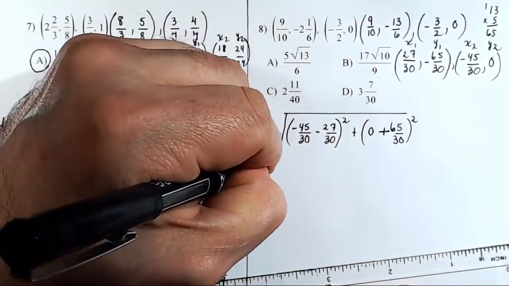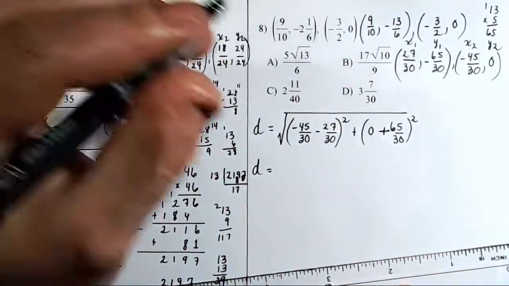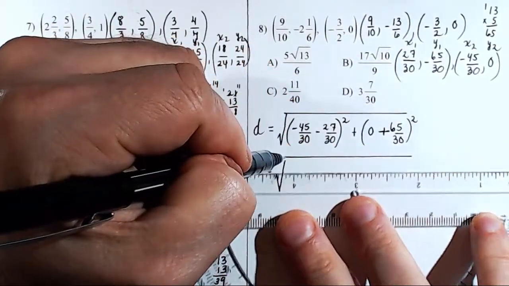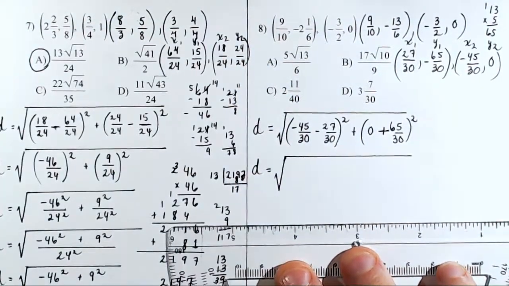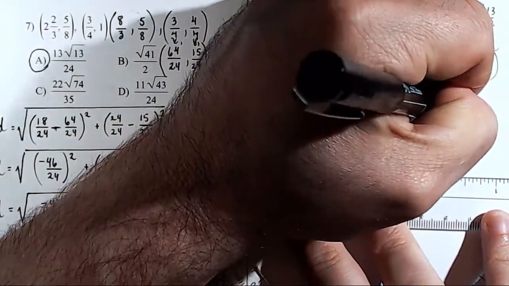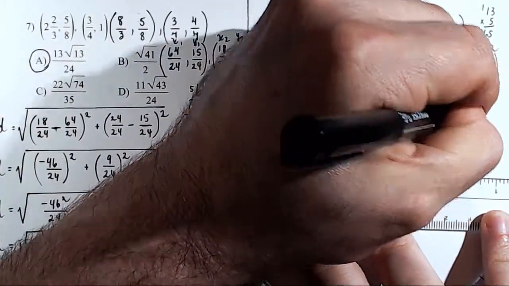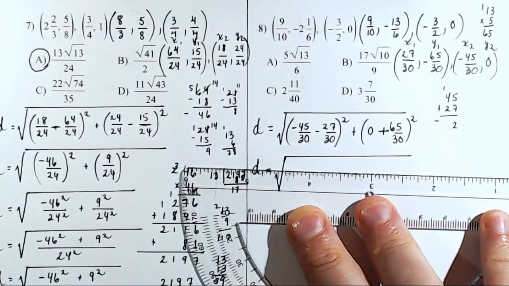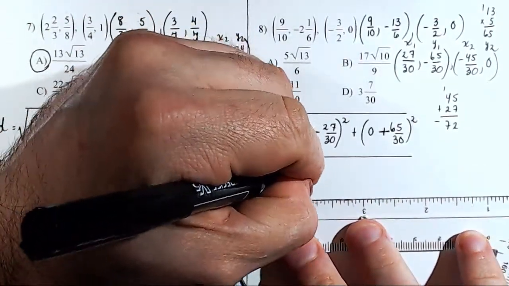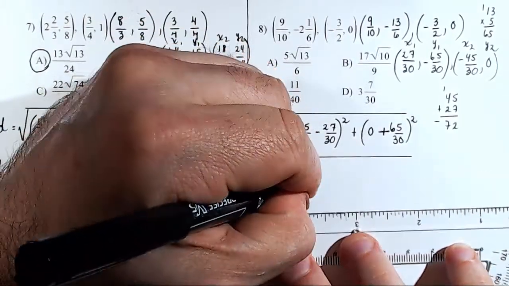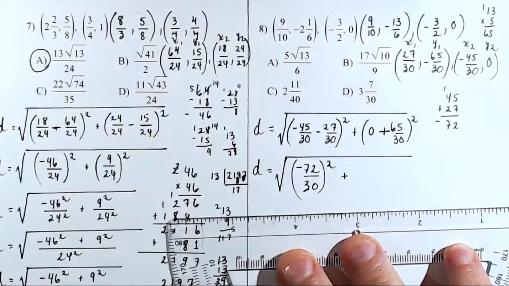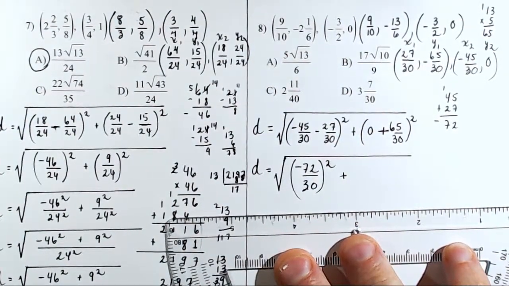Okay. So D is equal to the square root of negative 45 minus 27. So we add 45 and 27, and the result will be negative 72. So I've got negative 72 over 30 squared plus, and 0 plus, it's 0 is just 0.